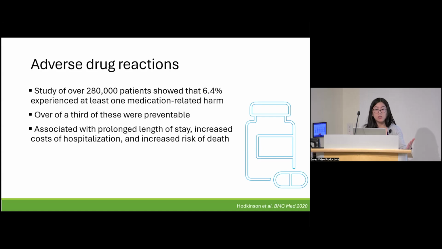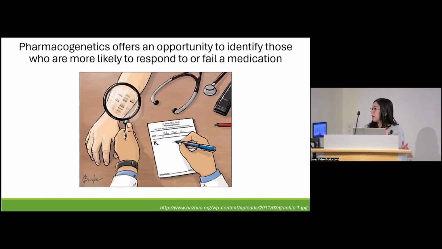And these findings really underscore the importance of pharmacogenetics and potentially mitigating these adverse drug reactions, minimizing these healthcare costs, and improving safety. And so pharmacogenetics is the study of how an individual's genetic makeup influences their response to medication.